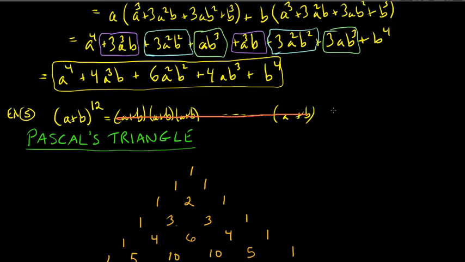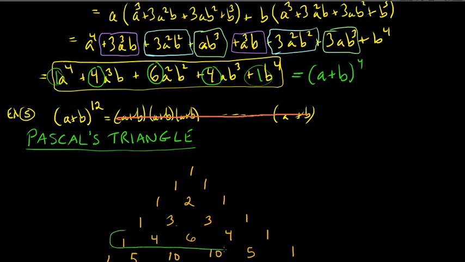I think I can do this here. So look at the result here for a plus b to the power 4. Look at the coefficients. We have a 1, a 4, a 6, 4, and then a 1. Now, where have we seen these numbers before?